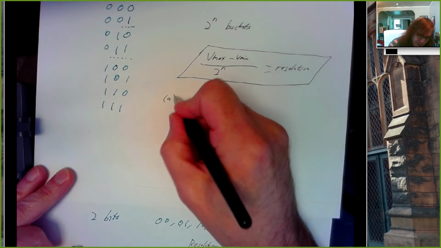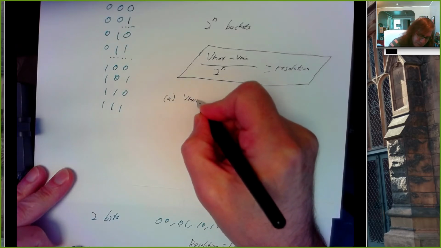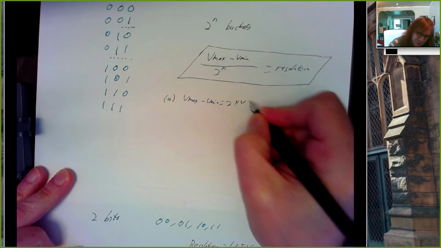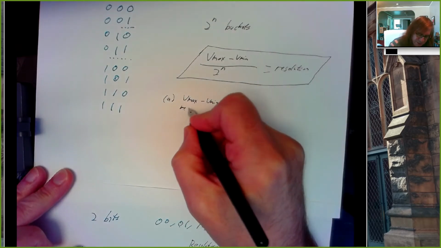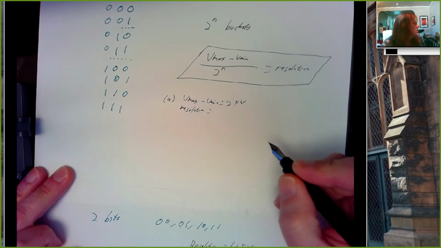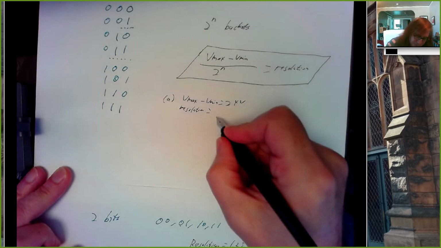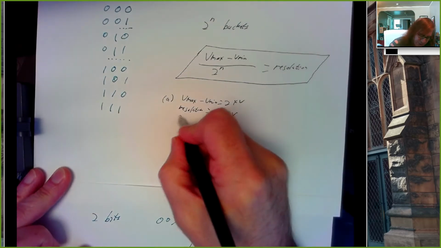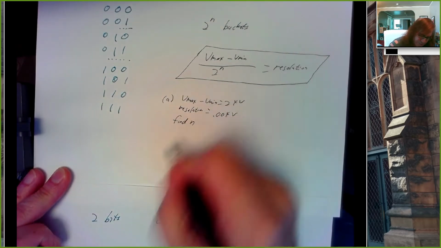So part A is telling us Vmax minus Vmin is 24 volts, and our resolution should be less than or equal to 4 millivolts, so 0.004 volts, and we want to find n.